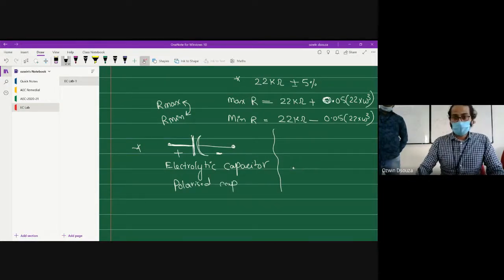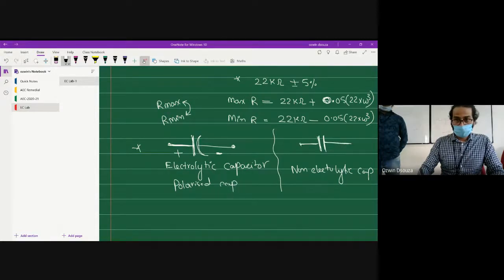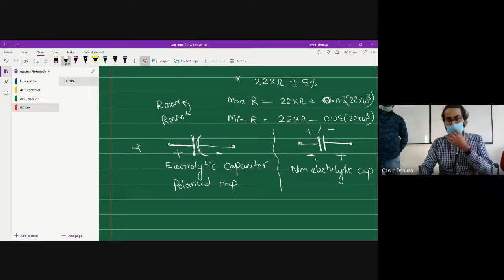And for a non-electrolytic capacitor, we will not mention positive or negative. This can be positive or this can be negative or vice versa. You can even take this as negative or positive, it doesn't matter.